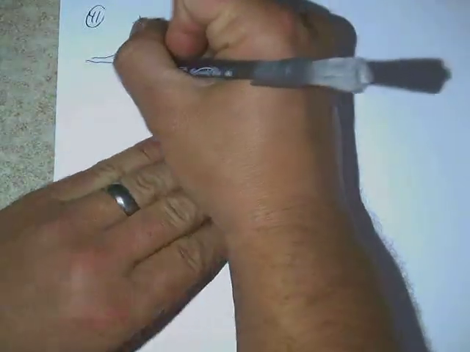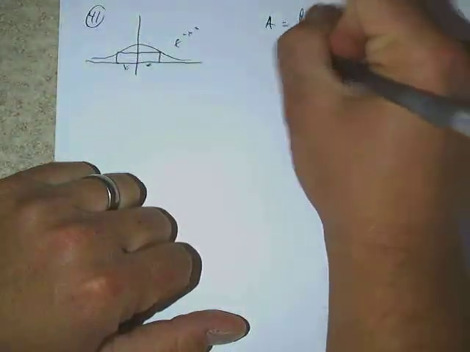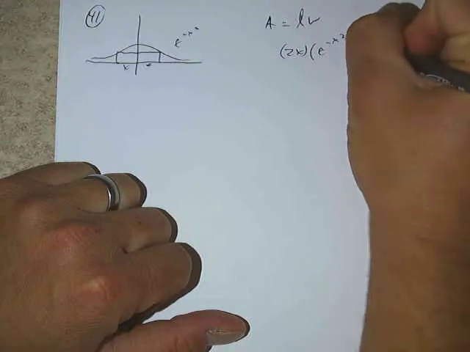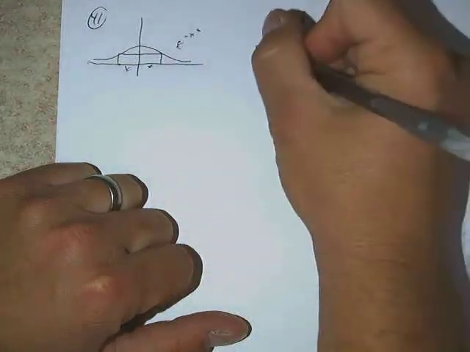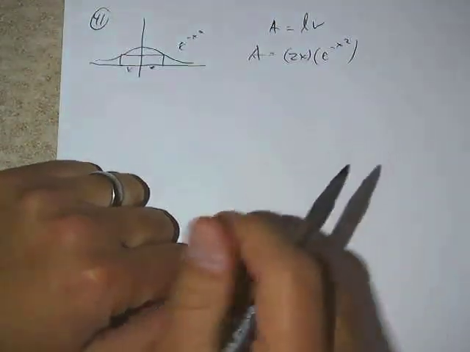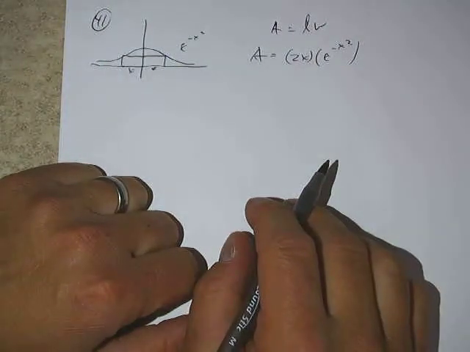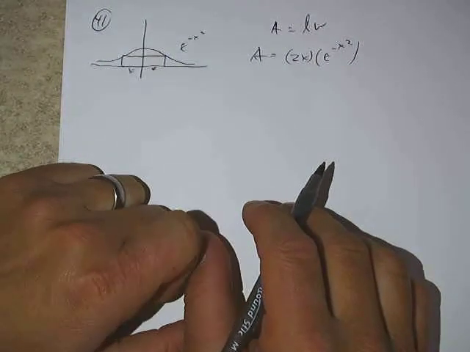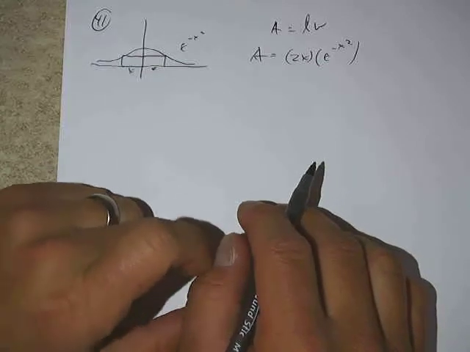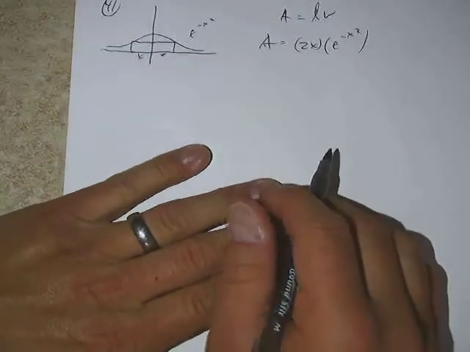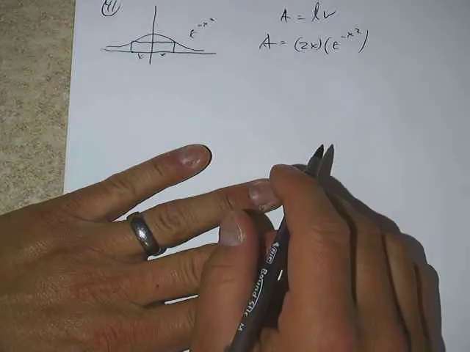So if we're going to maximize the area of that rectangle, we need to write an expression for the area of it first. So we know it's length times width. The length here in this picture would be 2x, and e to the negative x squared would be the other dimension. And so with that, we need to maximize that.